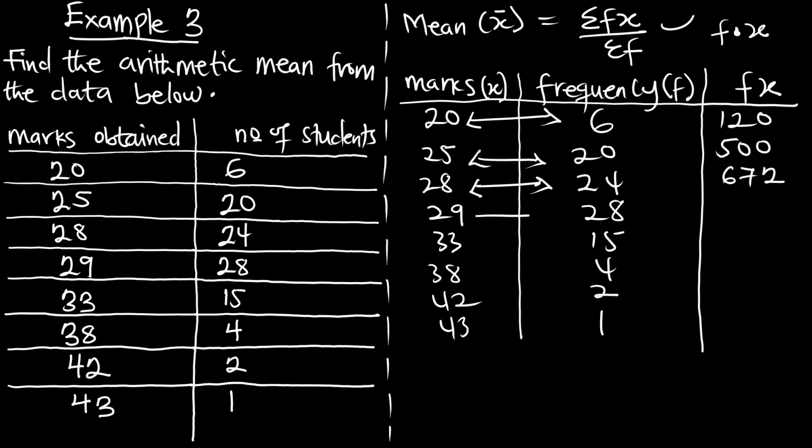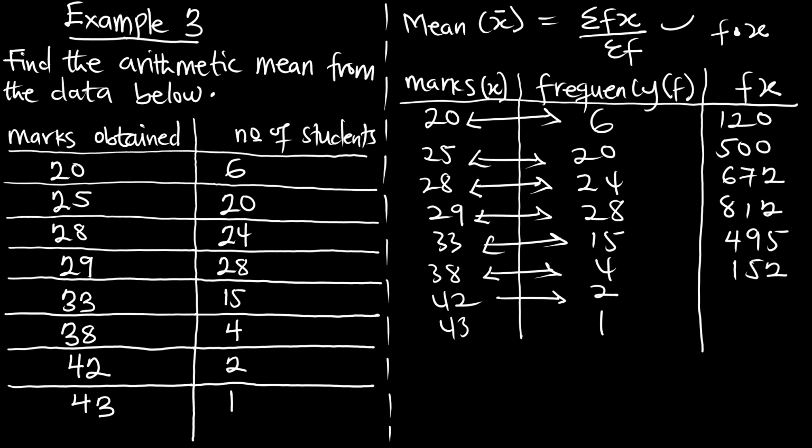This by that is going to give us 812. This by that, we are also going to have 495. 38 by 4, that is going to give us 152. This and this, 84. This by that, 43. So now we are good to go.